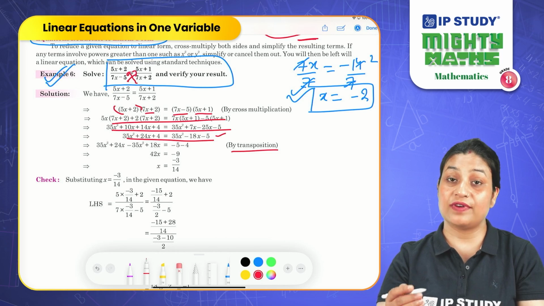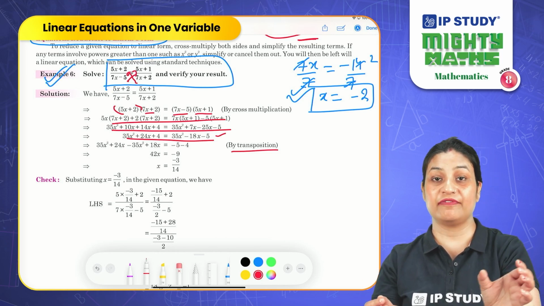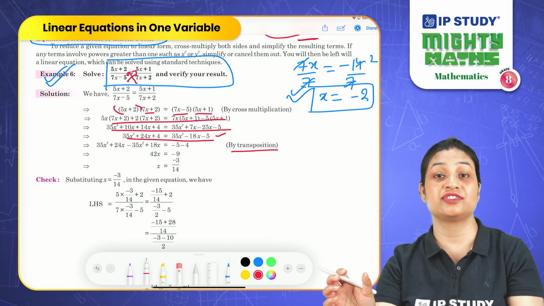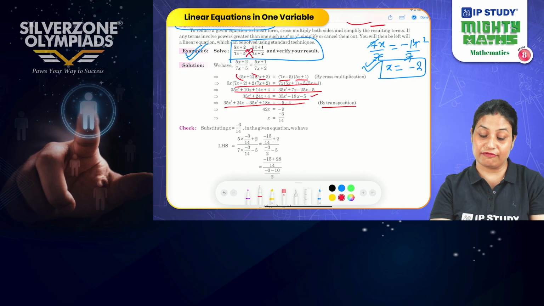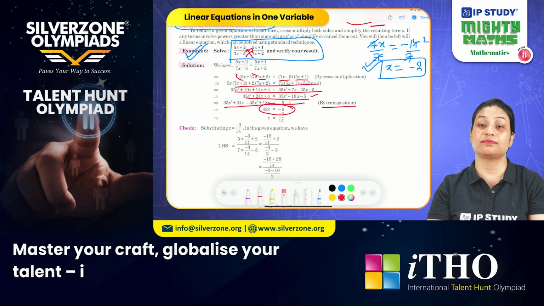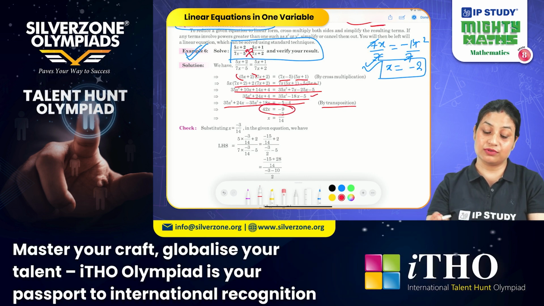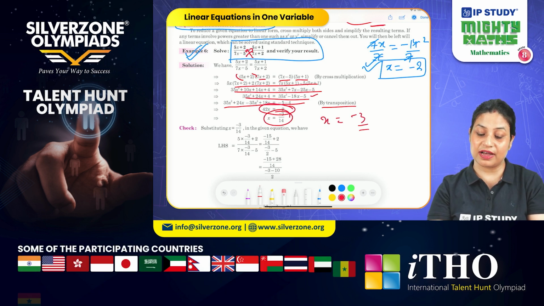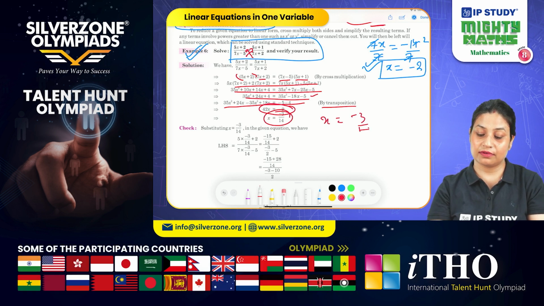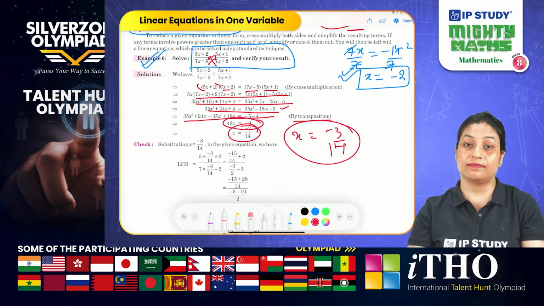You will keep variables on one side and constant numbers on the other side. When you do so, what are you left with? 42x equals minus 9, right? When you solve it, you will get x equals minus 3 by 14. This will be your answer, right?